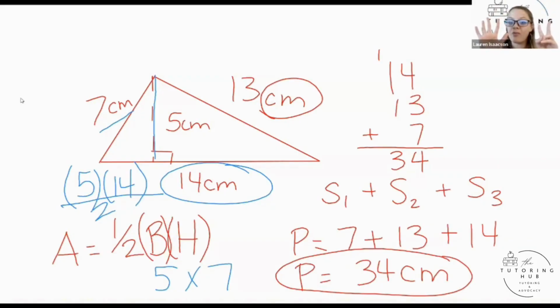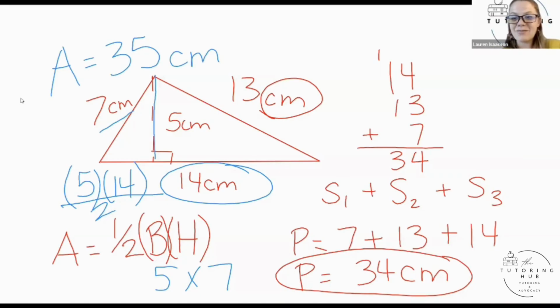So let's skip count by 5. 5, 10, 15, 20, 25, 30, 35. 35. Our area of this triangle, finding half of the base times the height, is 35 centimeters.